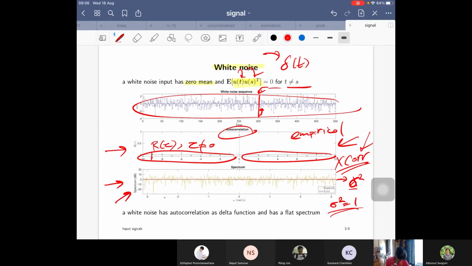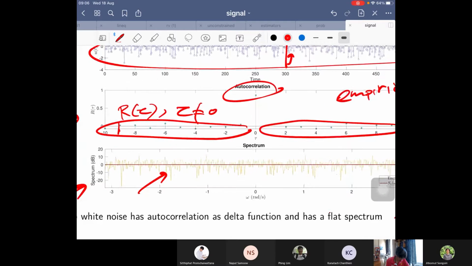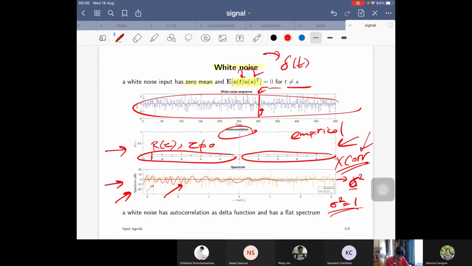In the yellow one, these are the empirical values from the computer. It looks noisy, but it's regulated around a constant. White noise.